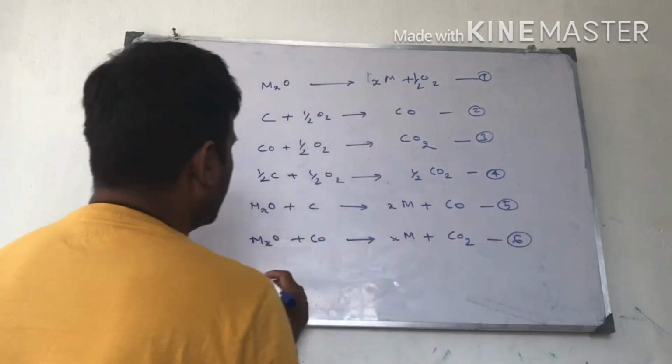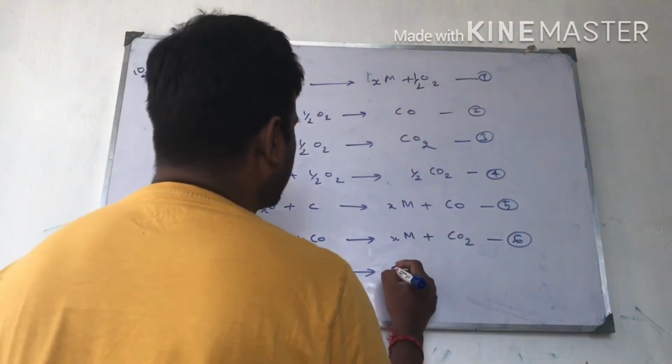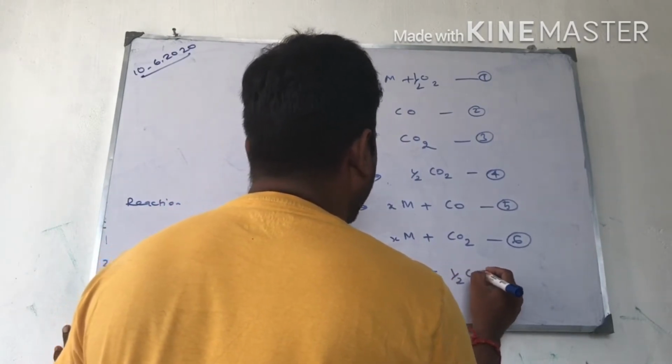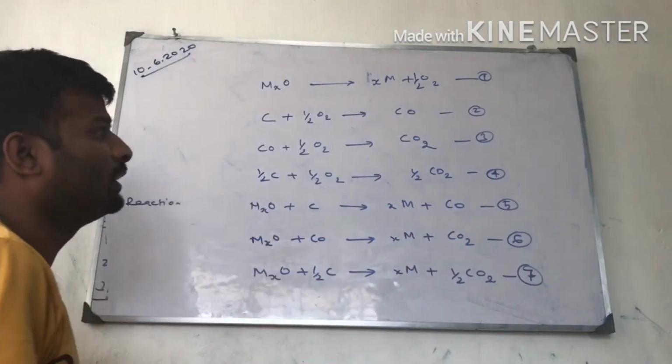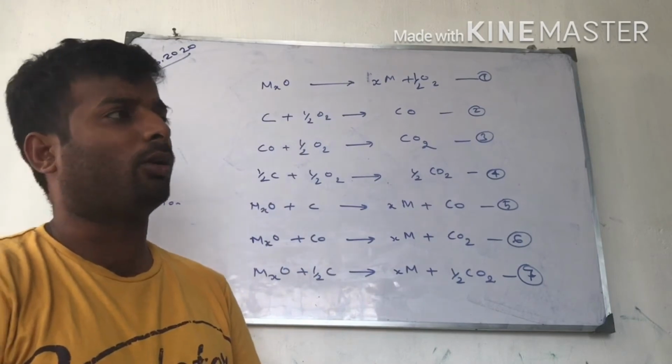Equation 6. MxO plus half mole of carbon gives x moles of metal and half mole of carbon dioxide. This is equation 7. These are 7 important equations taking place during the reduction of the metal oxide to metal.